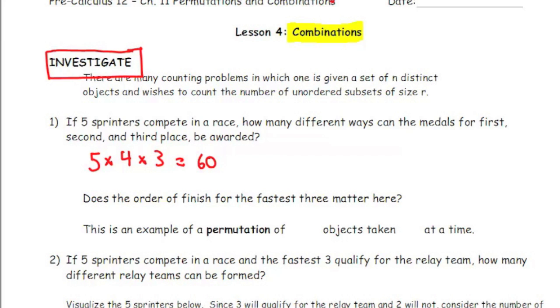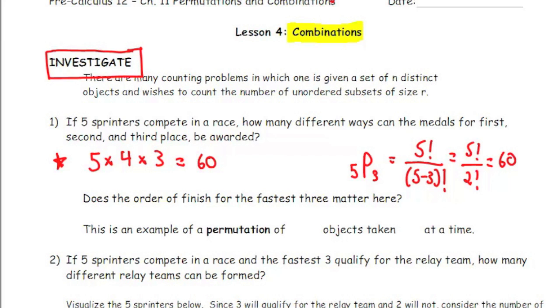Now, this may remind you of the fundamental counting principle because that's what it is. In the last couple of lessons, we've been dealing with this idea of permutation notation, which says we have 5 objects, and if we need to permute them in 3 ways, well, that's just equal to 5 factorial over 5 minus 3 factorial, which is just equal to 5 factorial over 2 factorial, which is equal to 60 ways again.